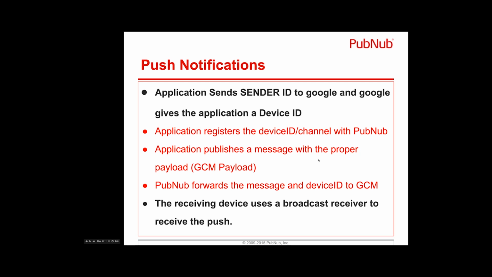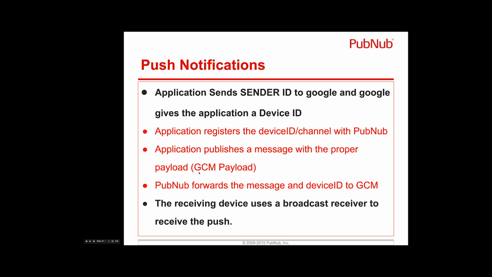The application publishes messages with the proper payload, with a GCM payload. If you look at the developer site, there are examples of GCM payloads there. It's essentially a JSON packet with an attribute in it called GCM, and within that GCM packet, you would have a payload attribute or a data attribute.